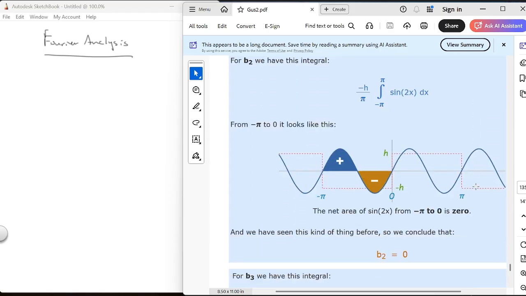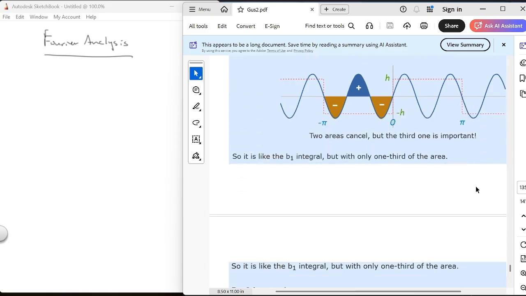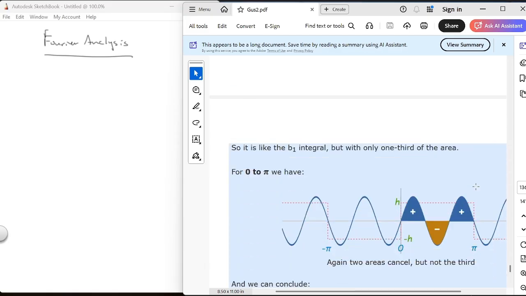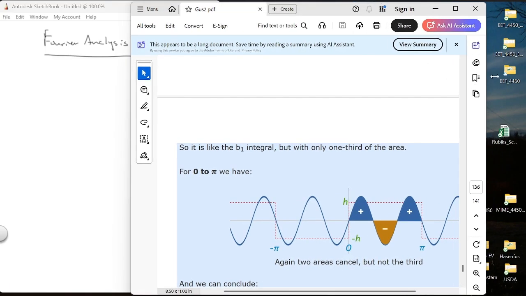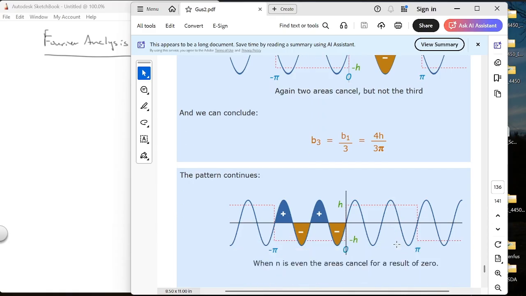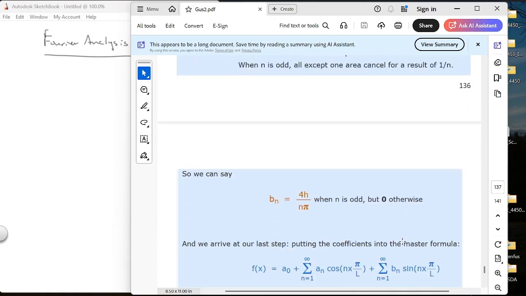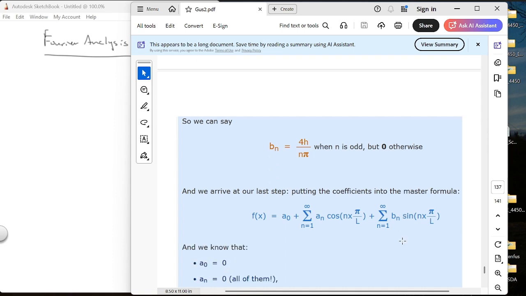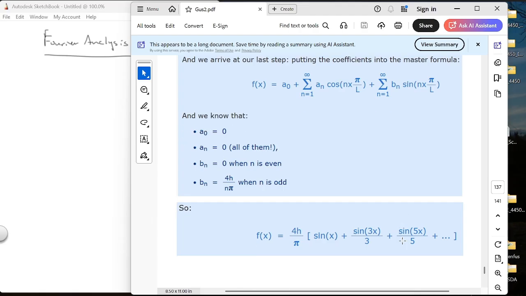Then 4h over 3 pi for the third one. Then it's 4h over 5 pi for the fifth one. And those are the numbers that you're actually going to use.